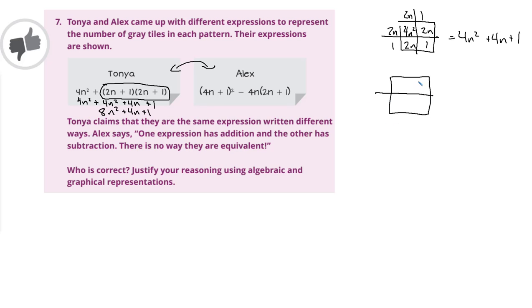Now let's do Alex. And we have 4n and a 1, 4n and a 1. So that gives me 16n squared, 4n, 4n, and 1. So this would combine to give me 16n squared plus 8n plus 1.